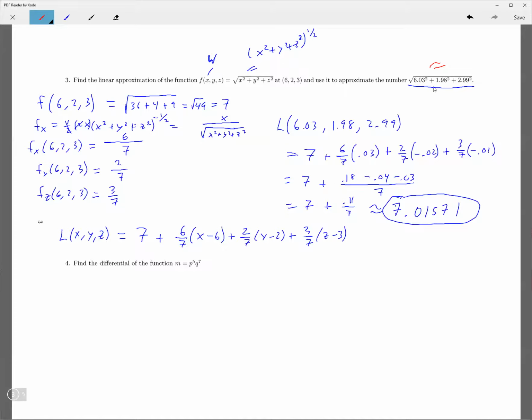I did it, and it's 7.01579. Looks like it's okay up to here. And then this next spot, this would round up to an 8, but that would round down to a 7. So it looks like we're not good till further decimal places.